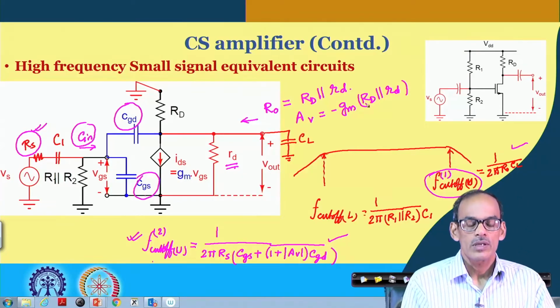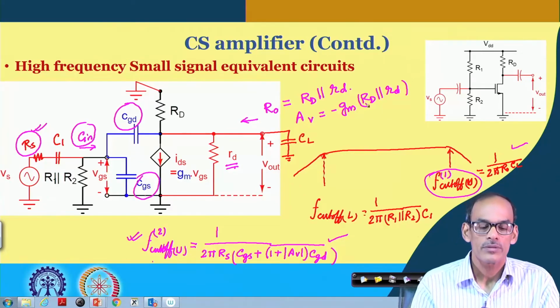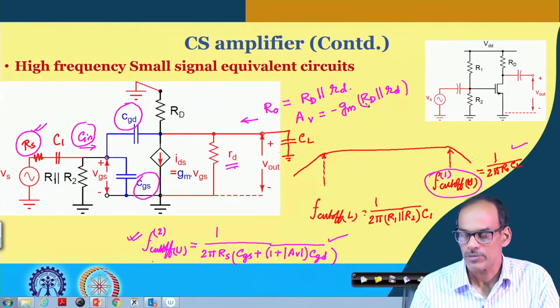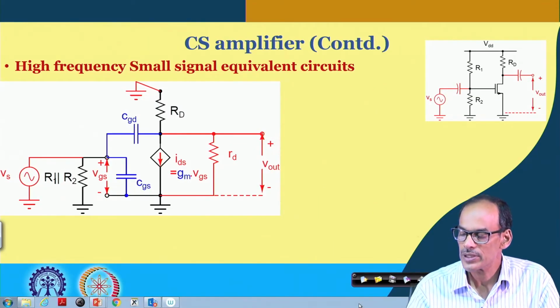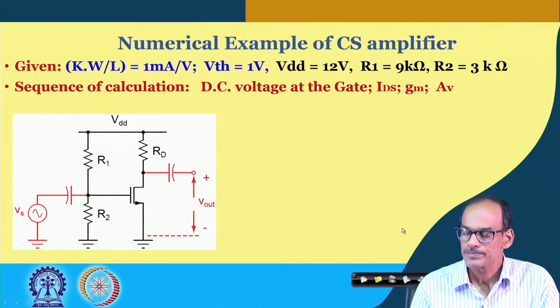Okay. Now, we have discussed the mapping to the small signal equivalent circuit and biasing, more from the analysis point of view. So, let me cover one numerical problem. I do have a separate slide for that. Yes.